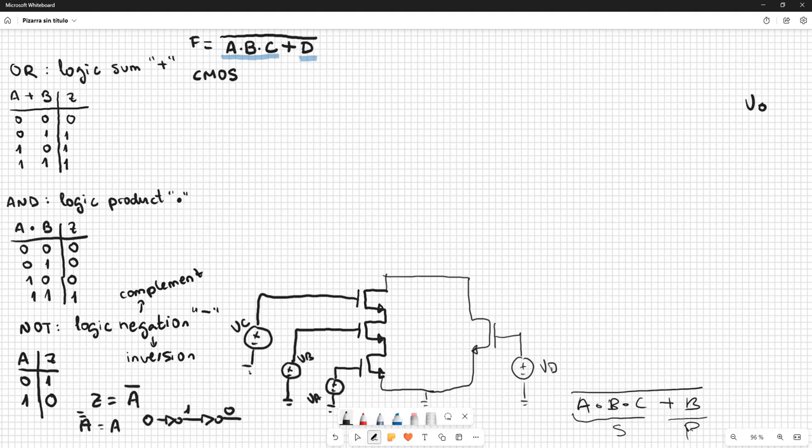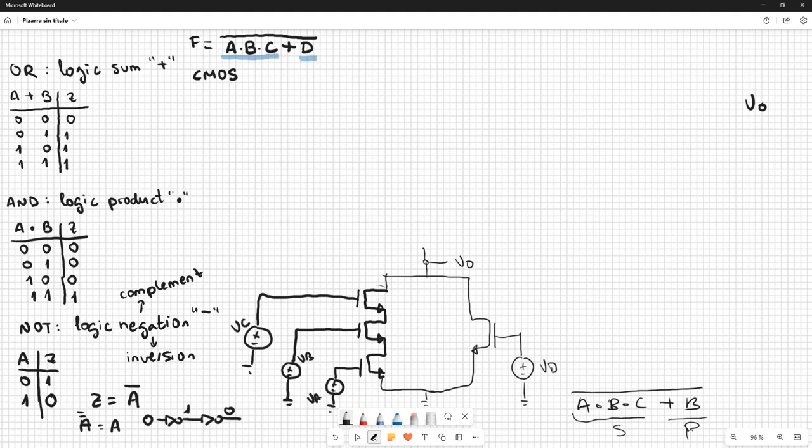So now we have to implement the complementary part, because we are working with a CMOS technology. The complementary transistors of these 3 inputs, which are in series in the base, have to be in parallel. And the complementary transistor of the input D has to be in series with these 3 transistors, because in the base it is in parallel.